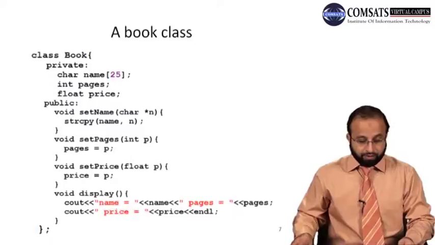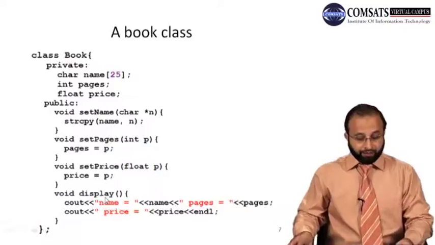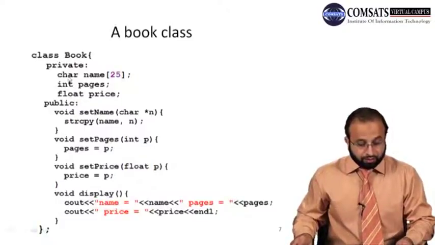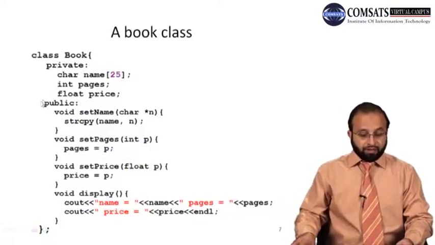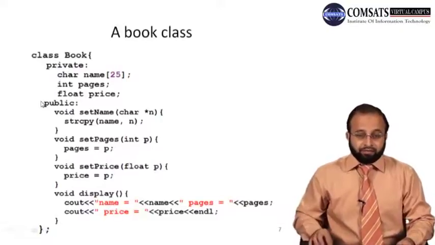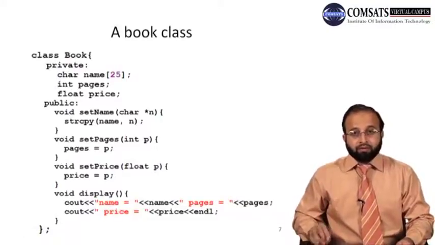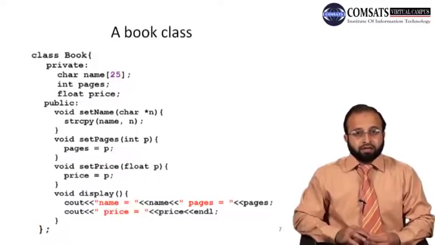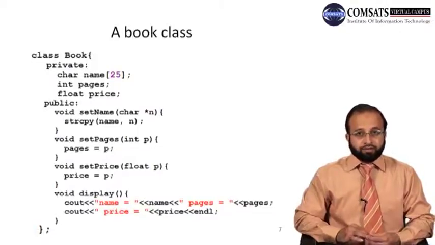And then we have the public functions. Function number 1 is set name, then set pages, then set price, and then the display function, right? Public means that everything public inside the definition of the class, whether it is a member function or a data member of the class, is accessible outside the definition of that class using the class object.